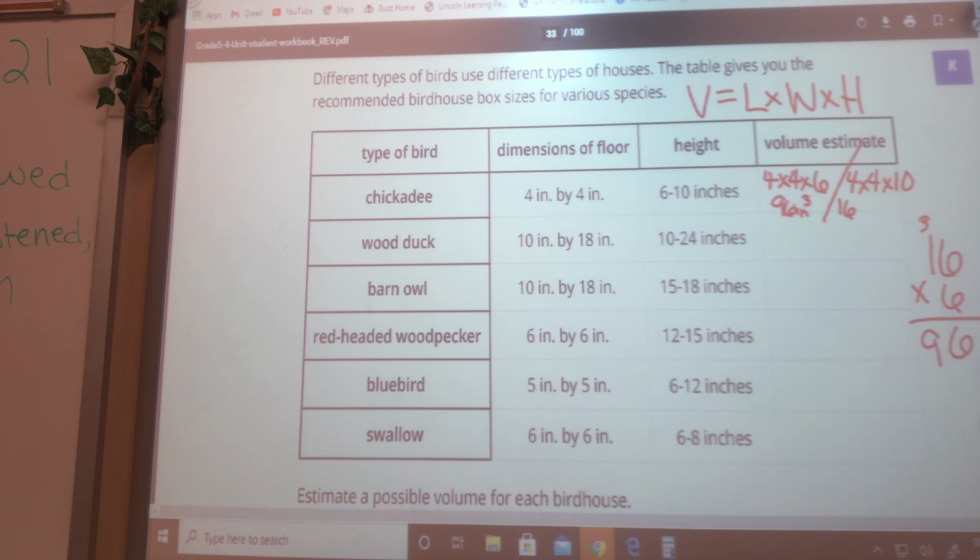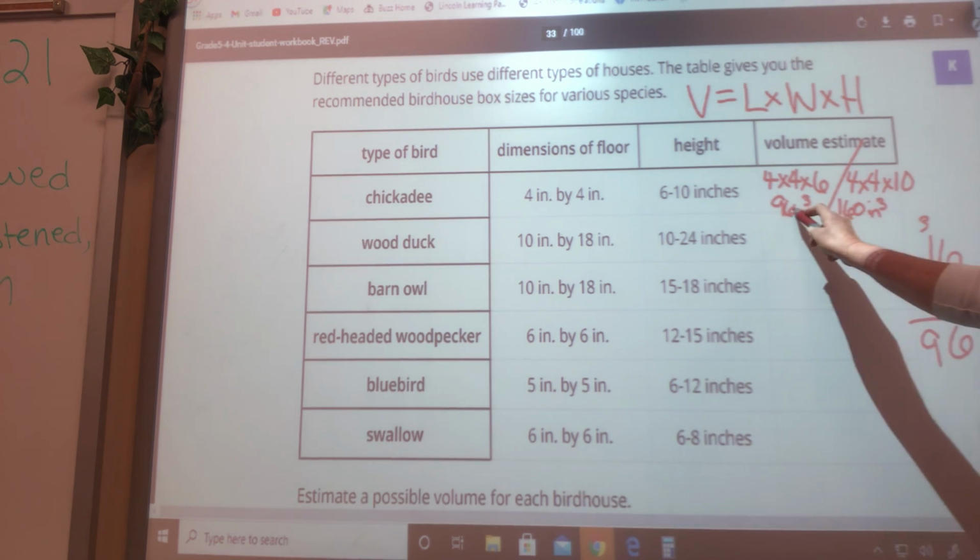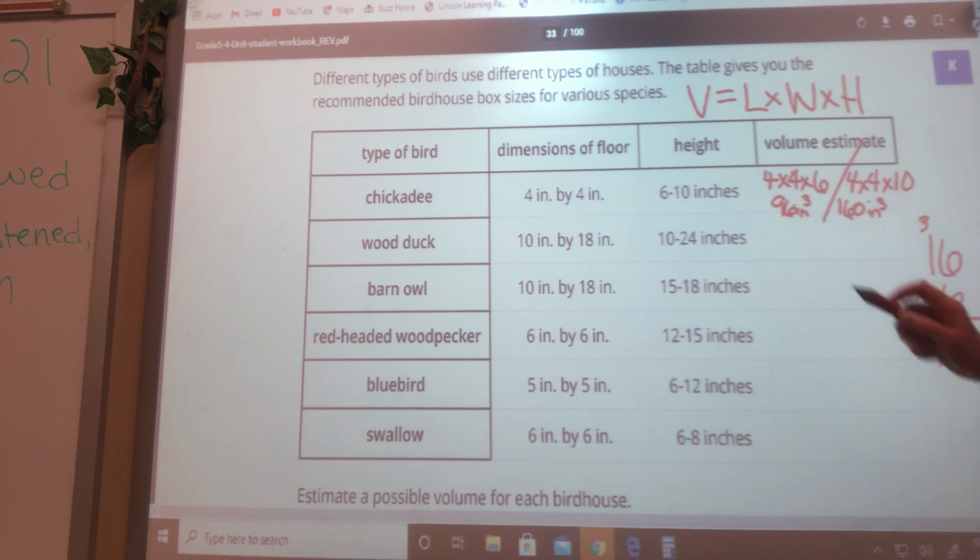And how many multiples of 10 was I dealing with? Just 1. So I can add my 0, and it's inches, and it would be cubed. So for a chickadee, the volume of the house could be anywhere from 96 cubic inches to 160 cubic inches.